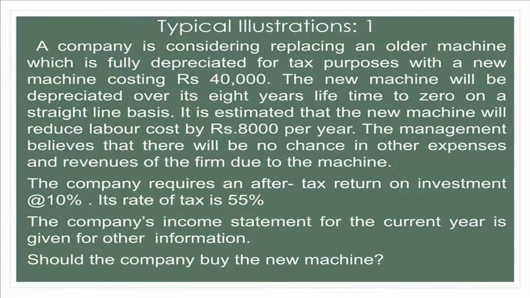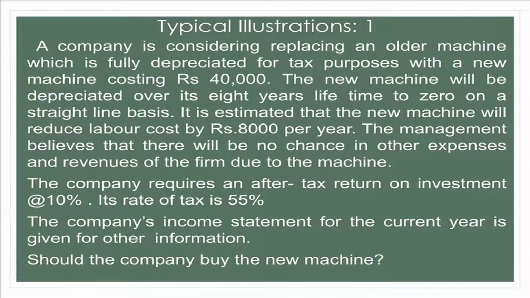A company is considering replacing an old machine which is fully depreciated for tax purposes with a new machine costing 40,000. The new machine will be depreciated over its 8 years lifetime to 0 on a straight line basis method. It is estimated that the new machine will reduce labor cost by rupees 8,000 per year.